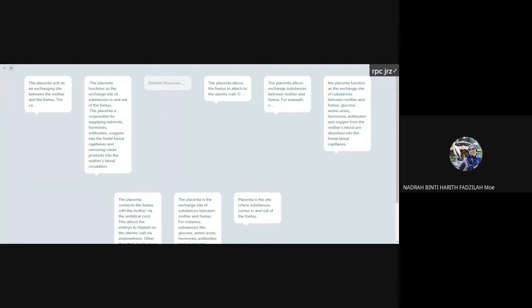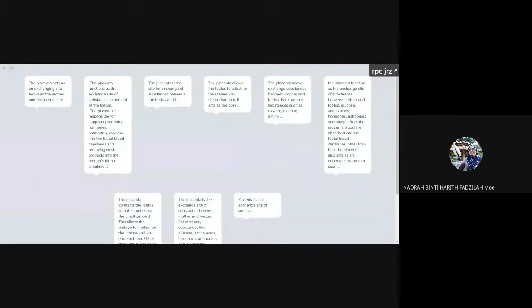Alright, very good. Exchange site, okay, boleh. Yang Izamani tulis tu, I think 2 marks already sebab function dia exchange site and then explanation dia dekat situ lah. Supply nutrient hormone, exchange site untuk removing waste dan dapat nutrient. Okay, 2 out of 4 sudah ada kat situ Izamani, very good.